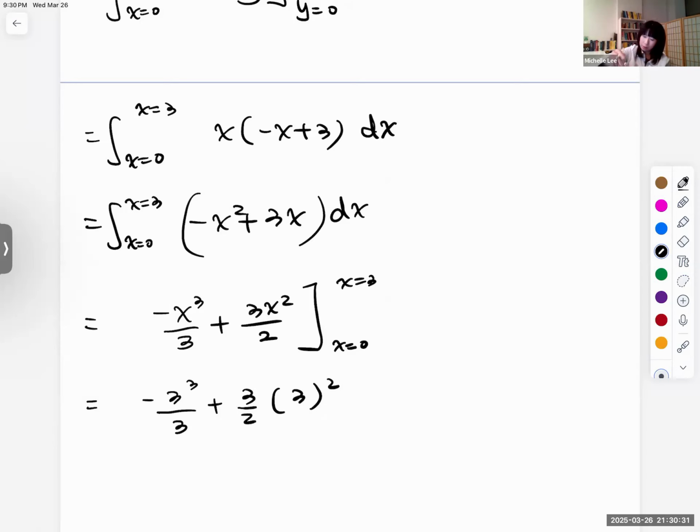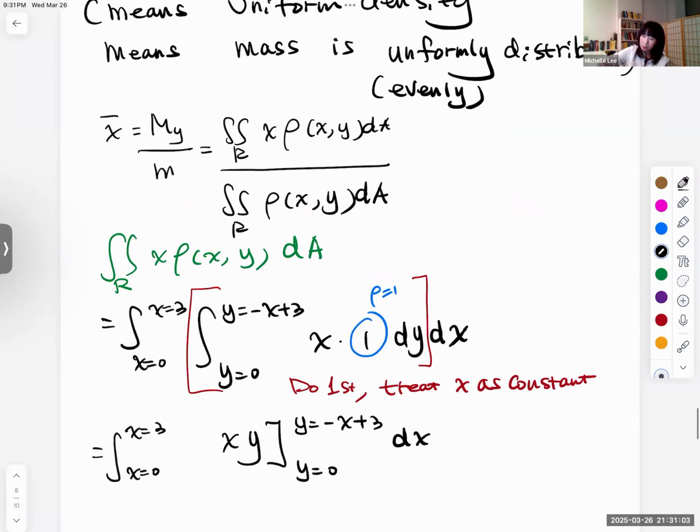Okay, this will be negative 9 plus 27 over 2, then we get negative 18 over 2 plus 27 over 2, which is 9 over 2. Okay, let's do the denominator.